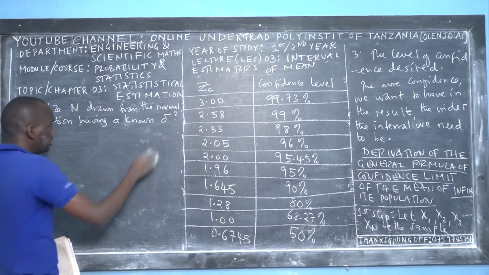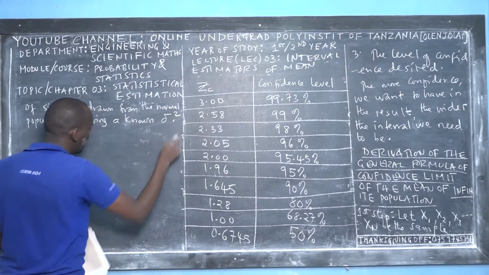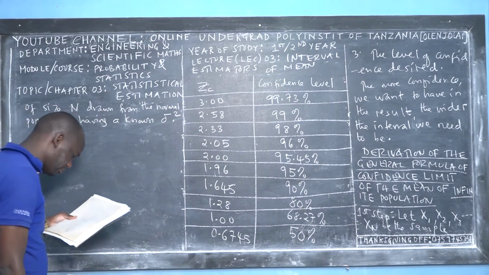This is variance, right? Standard deviation squared.